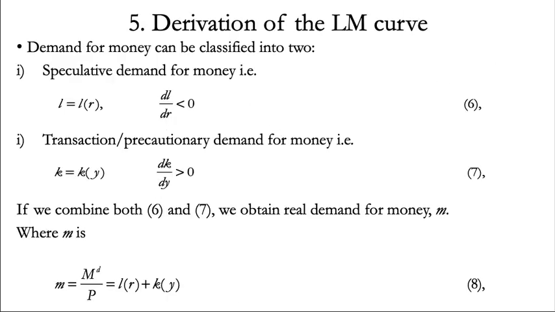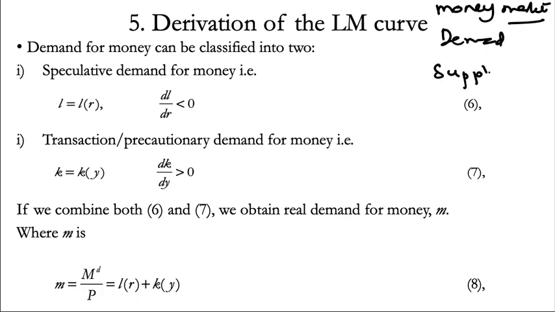We move to the derivation of the LM curve. The derivation of the LM curve is not talking about the product market. The LM curve talks about the money market. Okay, so if it is about the money market itself, you have demand and supply.